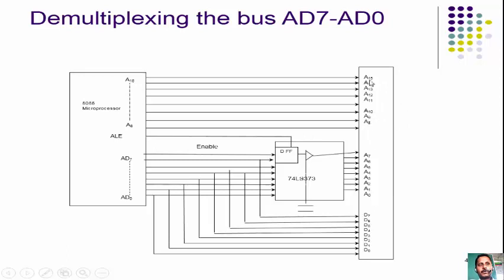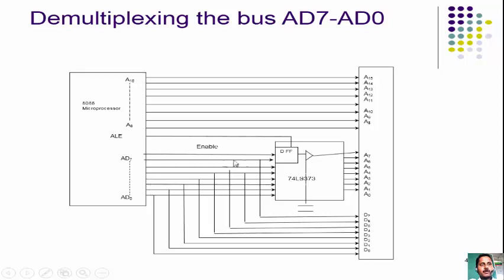And as I said, the limitation of the 8085 is that the address and data bus lines are multiplexed. Okay, so here at the left hand side AD0 to AD7, total 8 lines are there, 8 lines of the address and 8 lines of the data, multiplexed address and data bus.